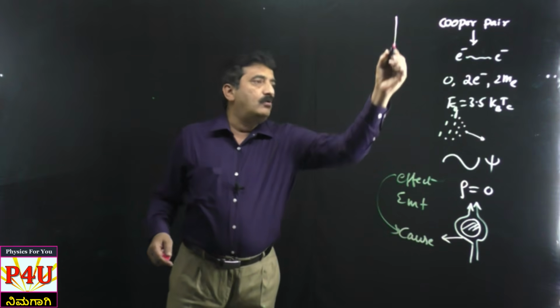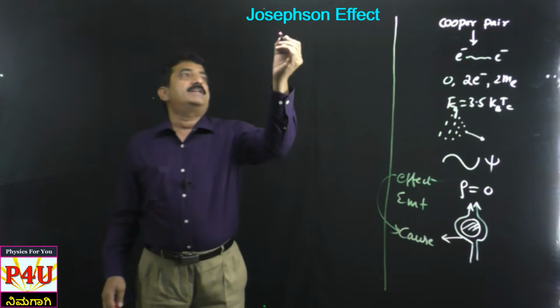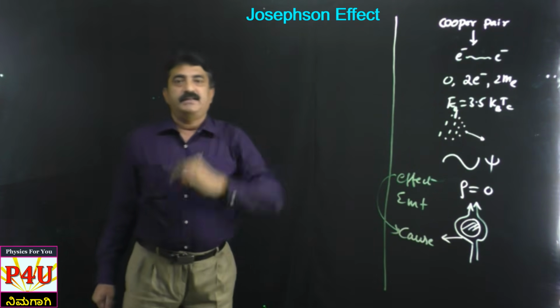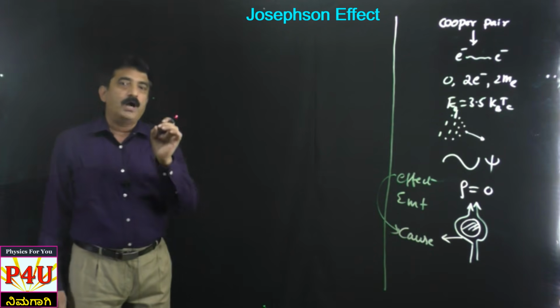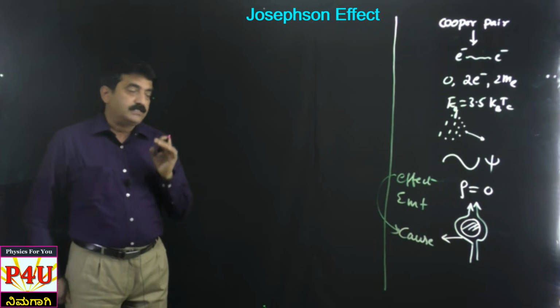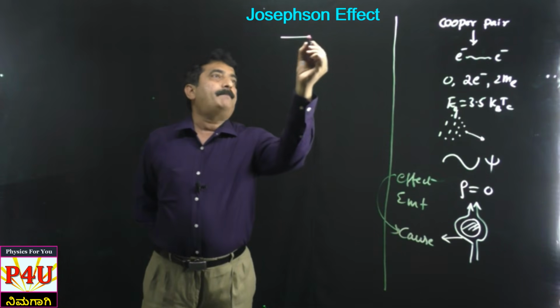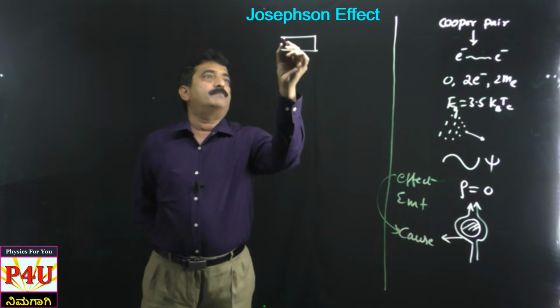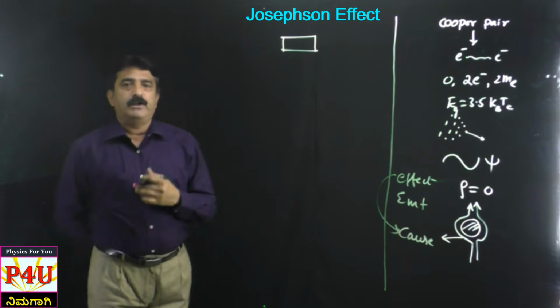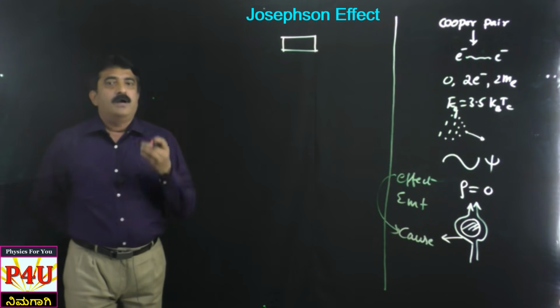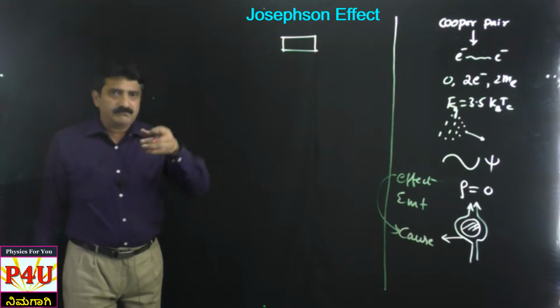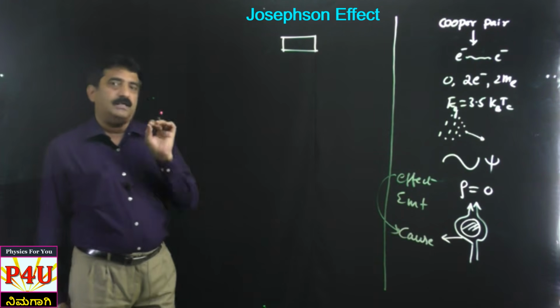With this, now I move on to the next concept, that is Josephson effect. What is Josephson effect? It is also called a tunneling effect. Follow carefully. I take a piece of superconductor. This is one piece of superconductor, maybe aluminium or niobium or tin or some material, in the solid form.